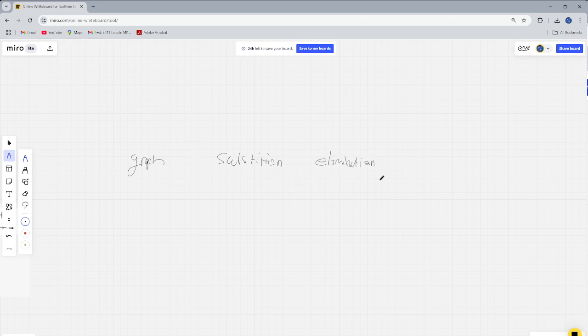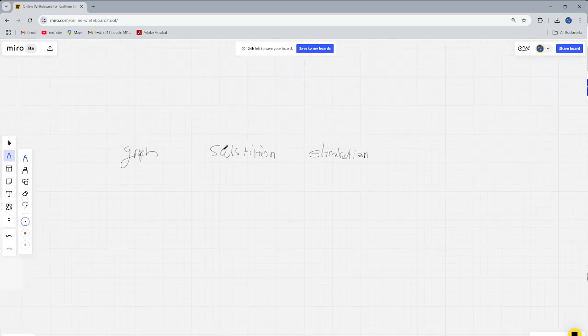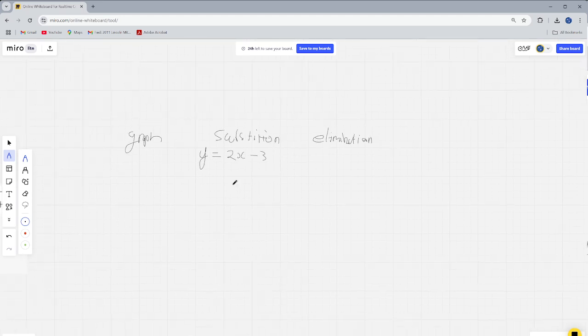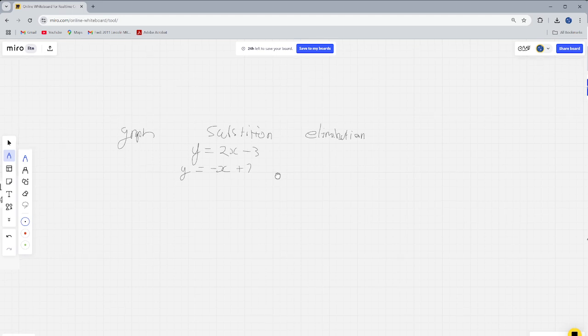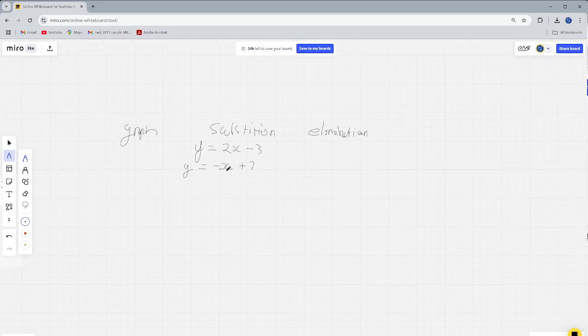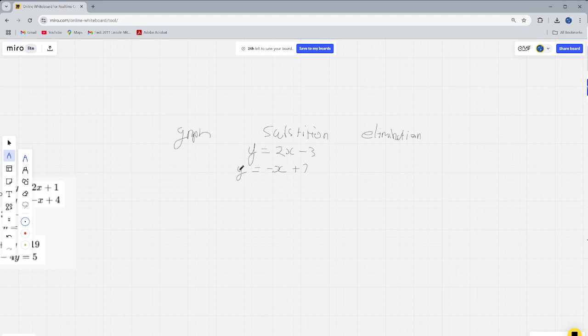So, substitution versus elimination. You want to use substitution when it's really easy to isolate one of your variables. In the case where we have y is equal to 2x minus 3 and y equals negative x plus 7, do you see how it's really easy to isolate for x, or even y, because we have these two alone?